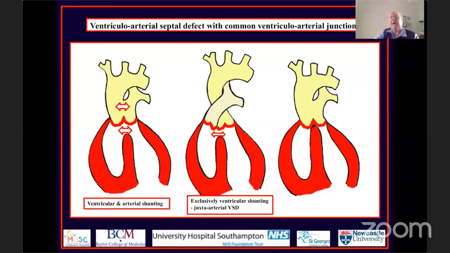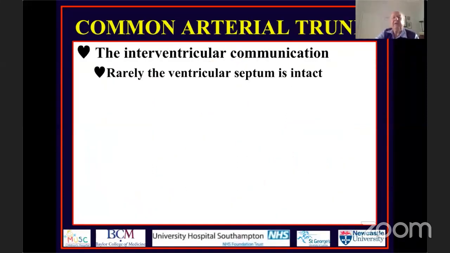Because this is what happens when the leaflets of the truncal valve fuse with each other to produce dual orifices within the common ventriculo-arterial junction, leaving us shunting at arterial level, but an intact ventricular septum.